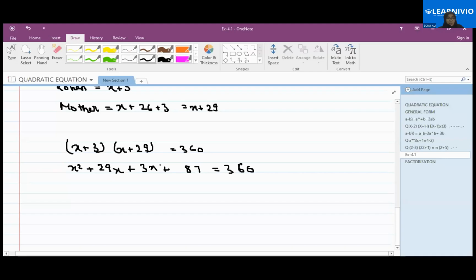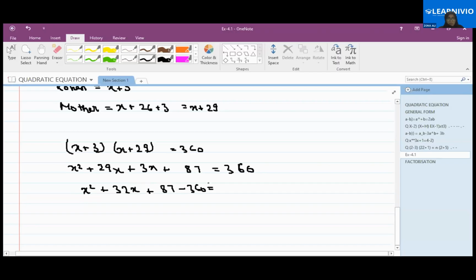What is 29 plus 3? 32. So x square plus 32x plus 87 minus 360 is equal to 0.